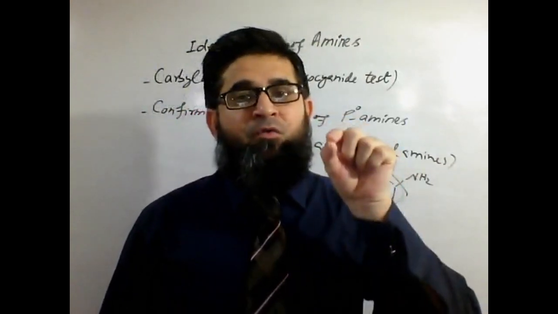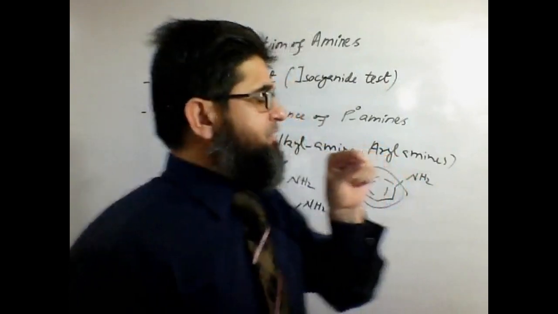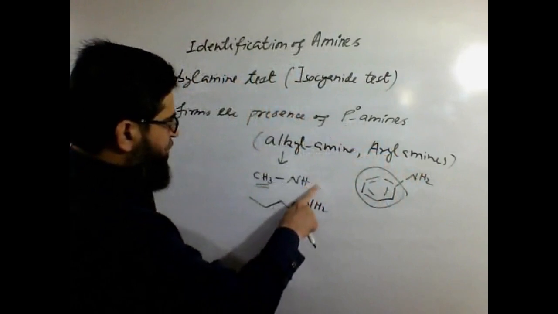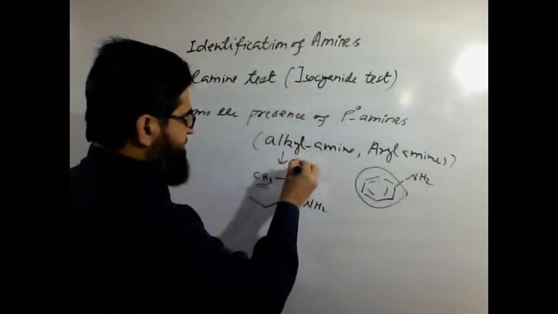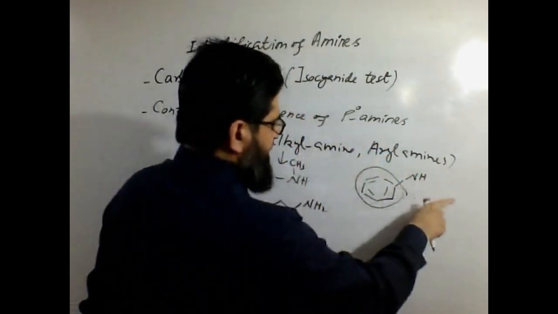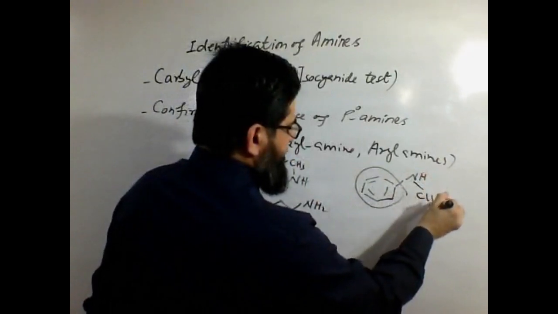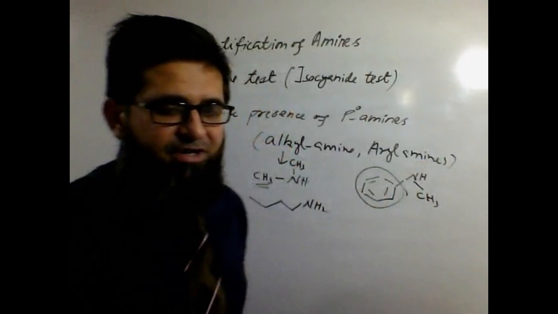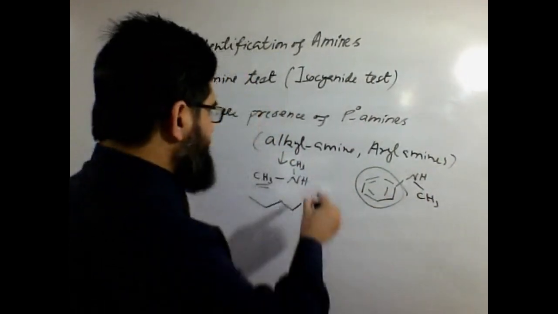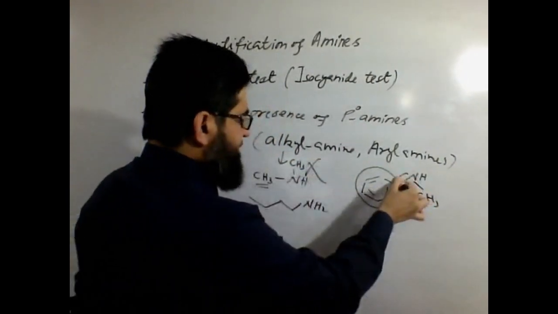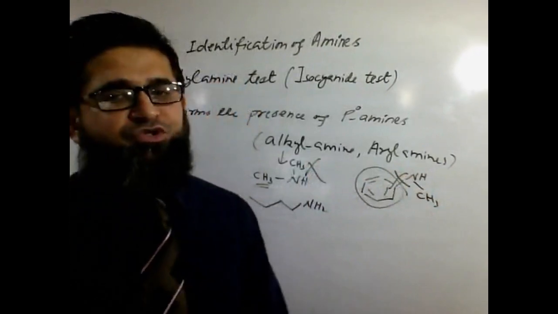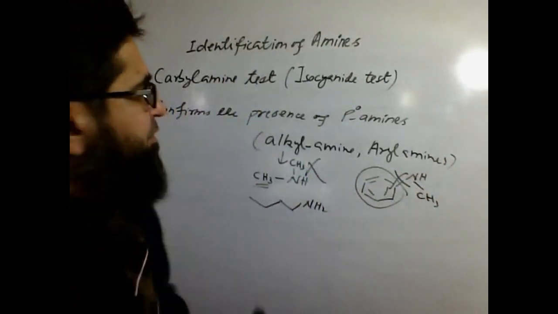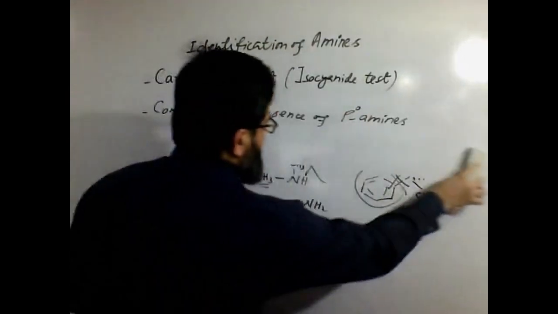The condition is that they are supposed to be primary amines. Secondary or tertiary amines will obviously not be detected by the carbylamine test. So they're supposed to be primary in nature, whether they're alkyl or aryl, that will not be a problem.